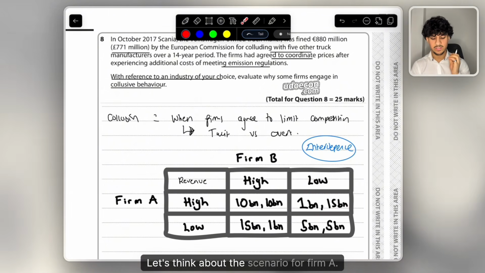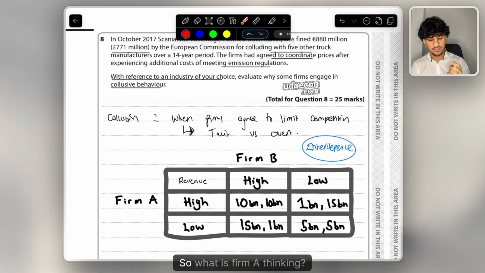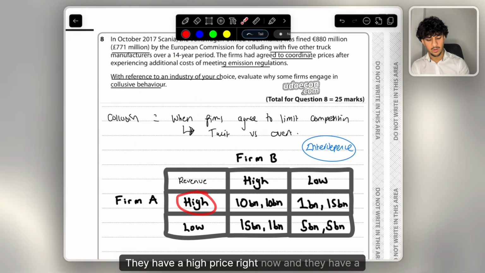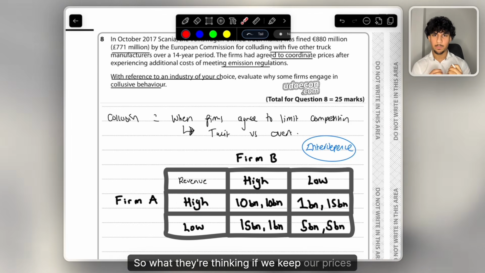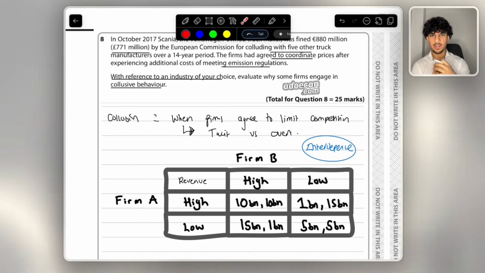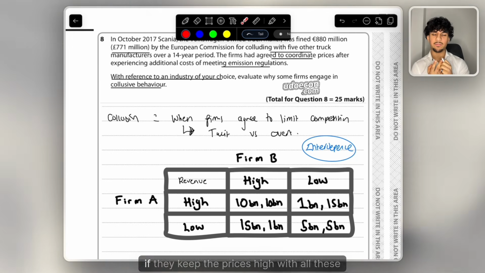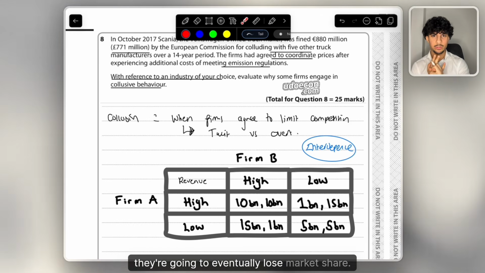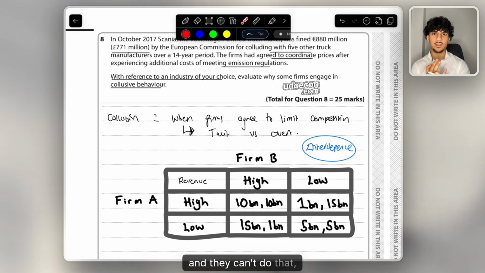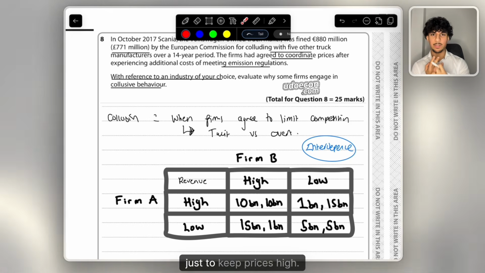So now we are at this position here. Let's think about the scenario for firm A. So what is firm A thinking? They have a high price right now and they have a massive loss in revenue. So what they're thinking, if we keep our prices high, they've lost demand, they're losing customers, like I said, massive loss in revenue, and over time, if they keep the prices high with all these losing customers, they're going to eventually lose market share. And they can't do that. They can't lose everything just to keep prices high.